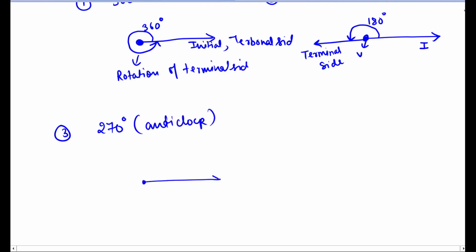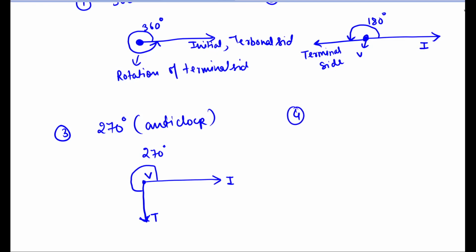This is the initial side, and this is the vertex. If we rotate it anti-clockwise, we get 270 degrees like this. This is the terminal side. And if we have 90 degrees anti-clockwise, this is the initial side, this is the vertex, and if we rotate it anti-clockwise, this is 90 degrees. This is the terminal side.